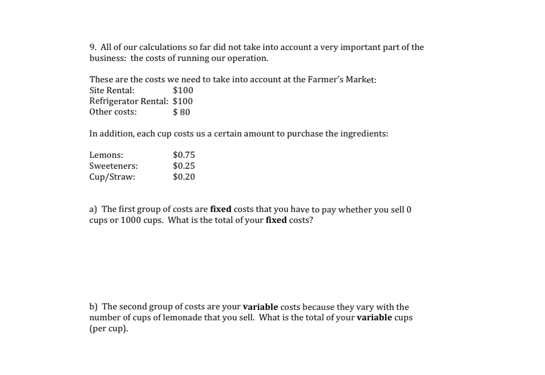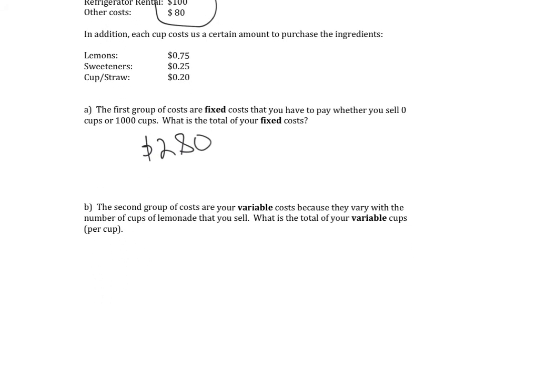we get to our costs. So we have our fixed costs here, which are the costs that we have to pay no matter how many cups we sell. And those total $280. On the other hand, our variable costs are how much we would have to pay for materials for each cup that we sell, and it totals $1.20.